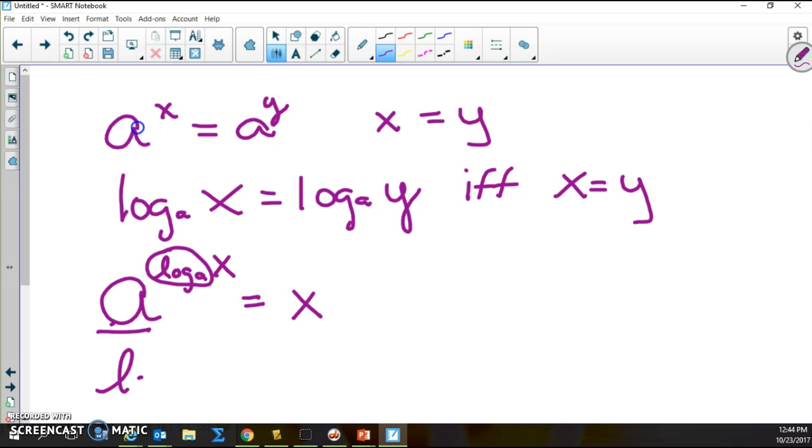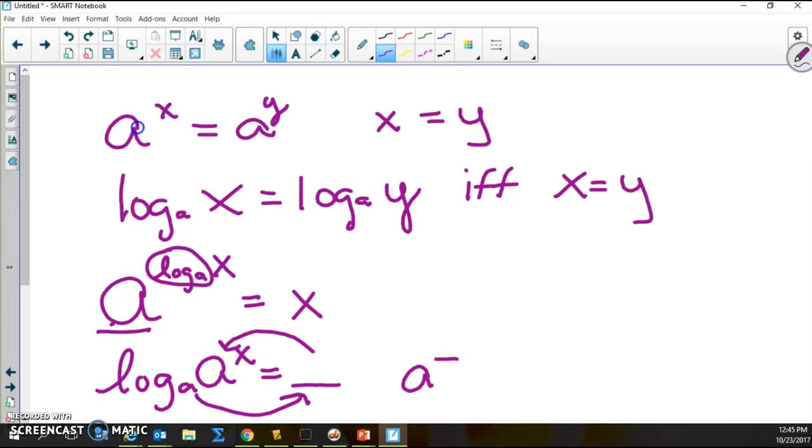Very similar, log base a of a to the x also equals x. Remember, it's asking us a to what power equals a to the x. Of course, that value has to be x. So these last two examples show us how exponential and log functions are inverses of each other.